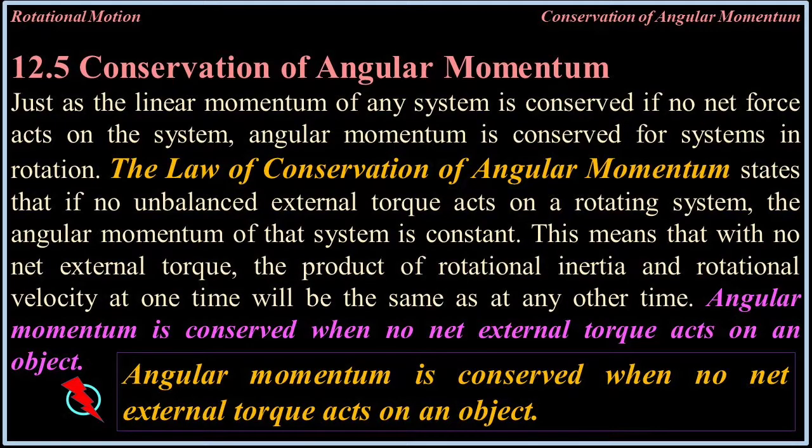This means that with no net external torque, the product of rotational inertia and rotational velocity at one time will be the same as at any other time. Angular momentum is conserved when no net external torque acts on an object.